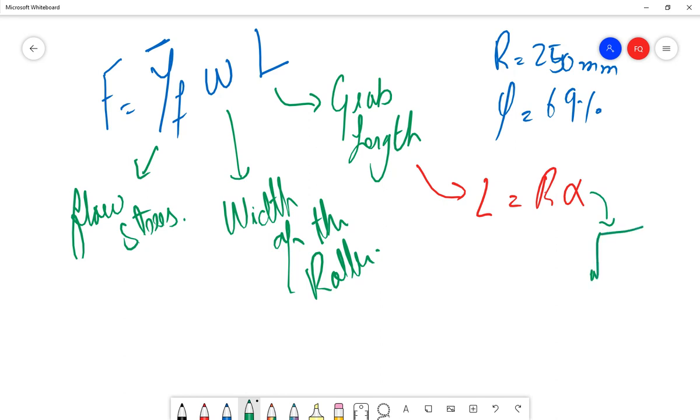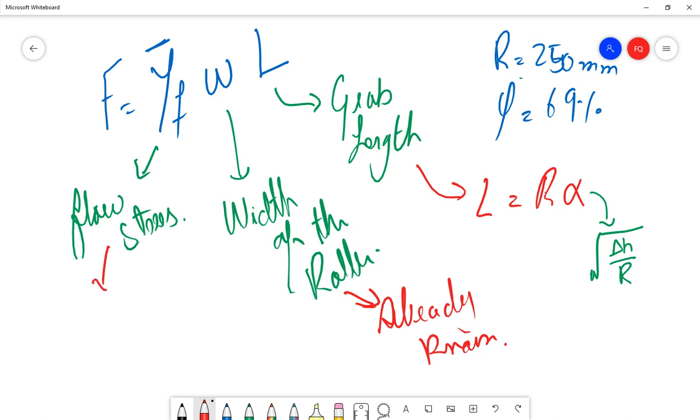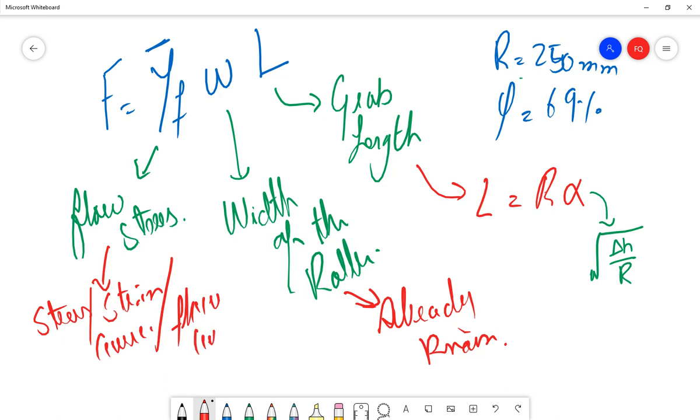of delta H over R, and this R is something which we already know, and then the width of the roller is something which should already be known, and then the flow stress is something which we are getting from stress strain curves or flow curves with respect to the strain which we have.